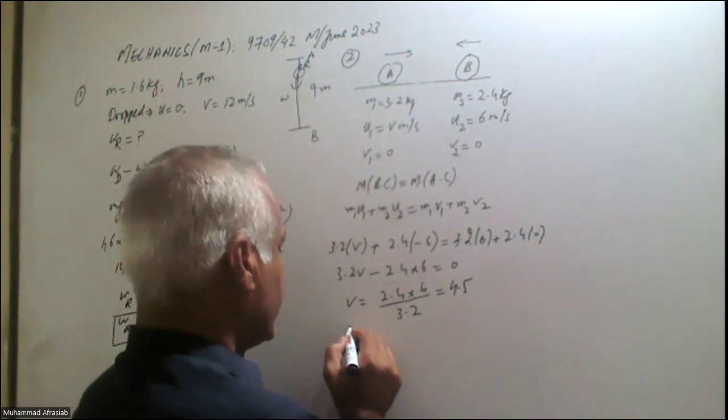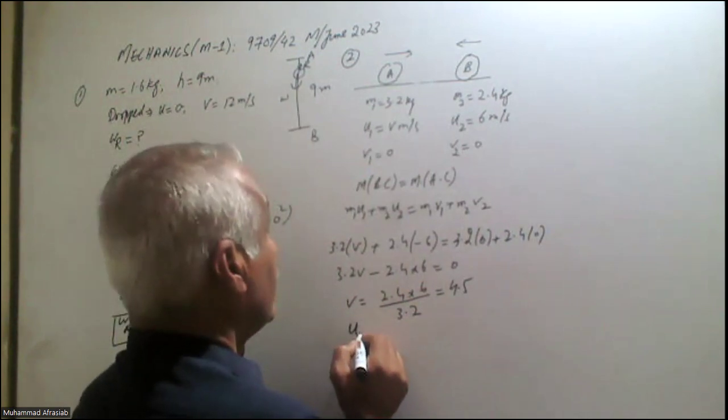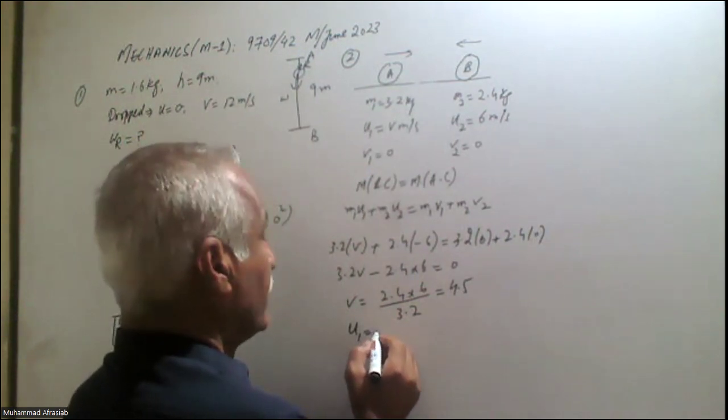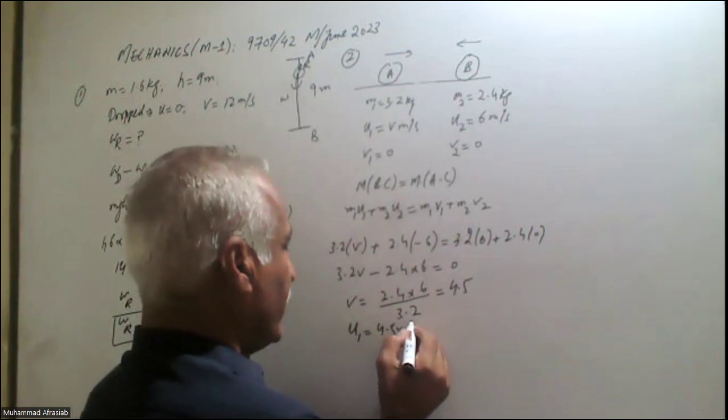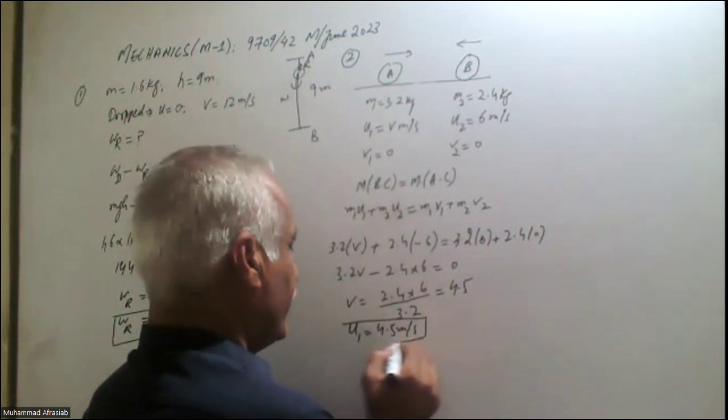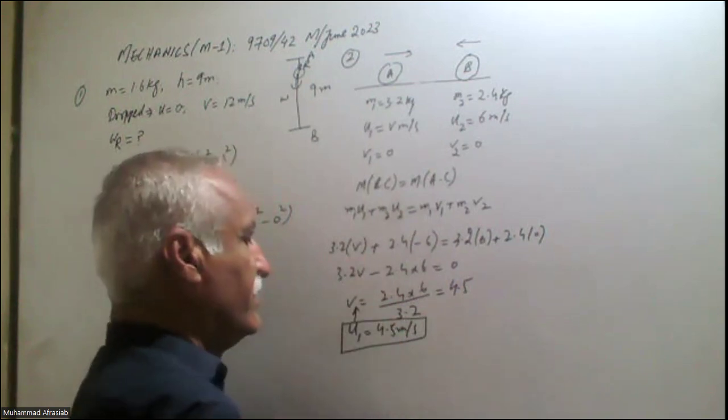So the velocity of that particle before collision is 4.5 meters per second, which is the value of v.